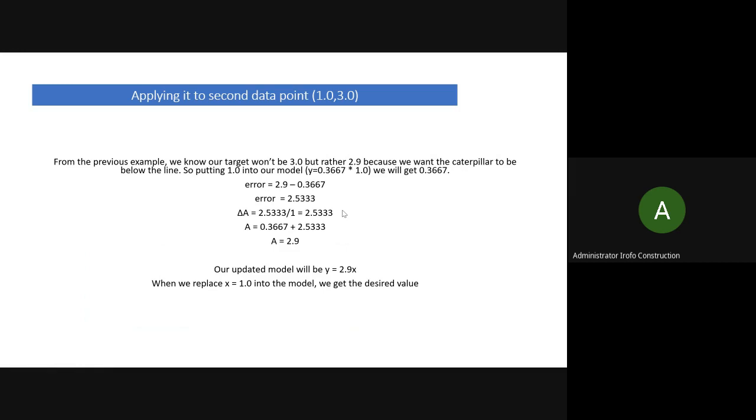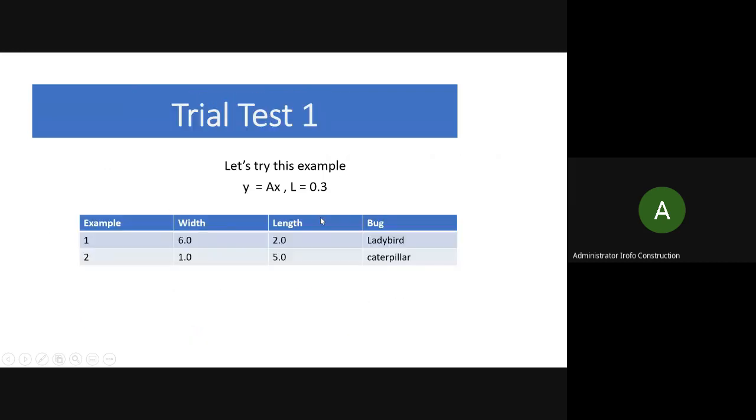Because any number greater than or equal to 1 will just give us the whole error, but a number between 0 and 1 will give us a value less than the whole error. That's why we use a learning rate. This L is called the learning rate. It's a learning rate of 0.3. You can decide to use 0.4 or 0.5, because they are all below 1.